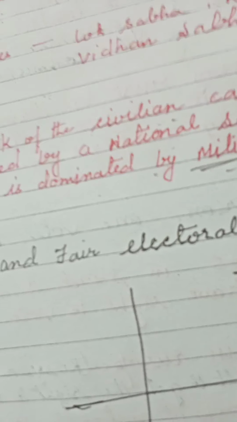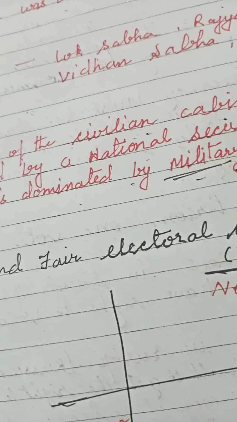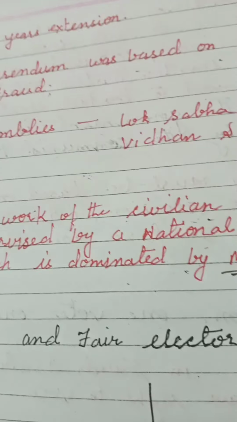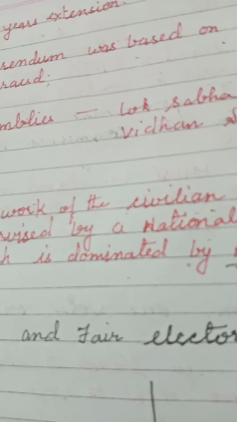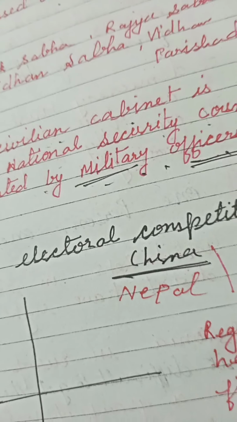It means these assemblies have to work under the military officers. They are not free to take any decision by themselves. They always need to take permission from these military officers.